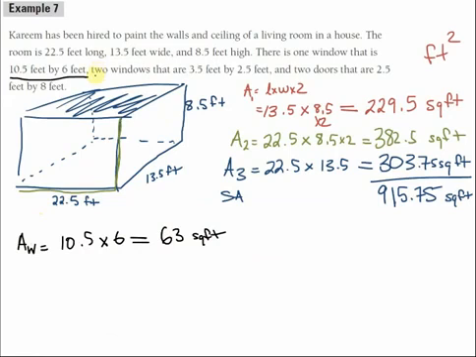Now we have 2 more little windows. So we have area of windows as well, which is going to be length times width, which is going to be 3.5 by 2.5.